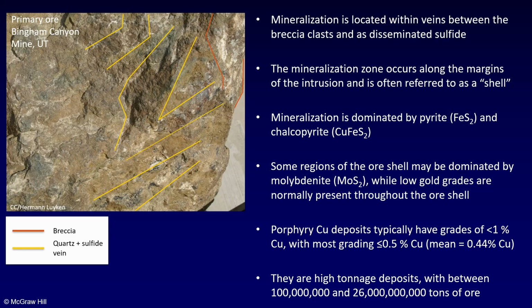However, they make up for it by scale. And so when you look at the tonnages of porphyry coppers, they are huge. The tonnages vary from 100 million tons, with the largest porphyry copper coming in at 26 billion tons of ore. Absolutely massive.